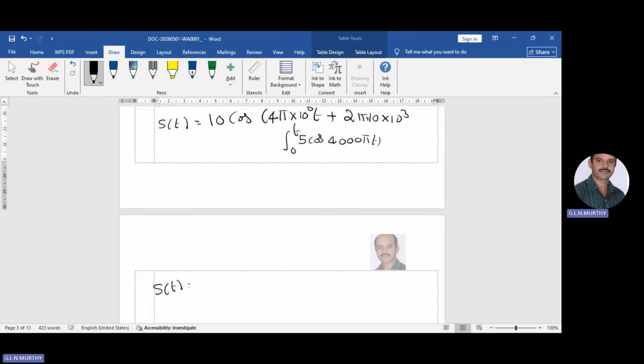So s of t equals 10 cos 4 pi into 10 power 6 t plus 2 pi into 10 power 3 into 10 into the integration of cos, which is sine: 5 sin 4000 pi t by 4000 pi.